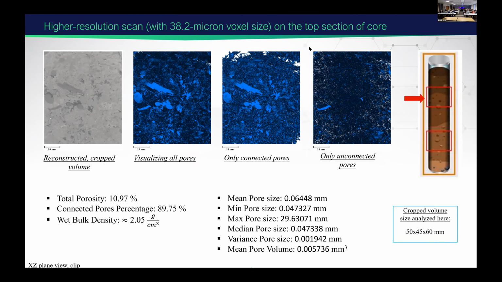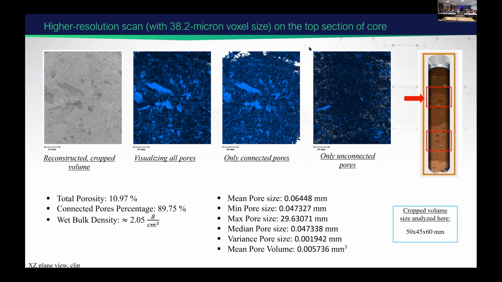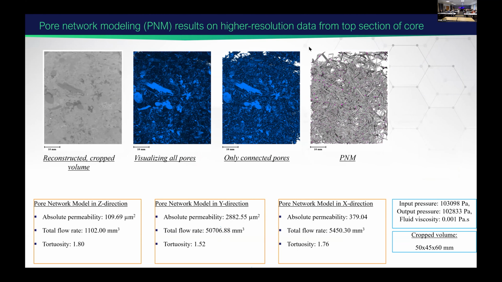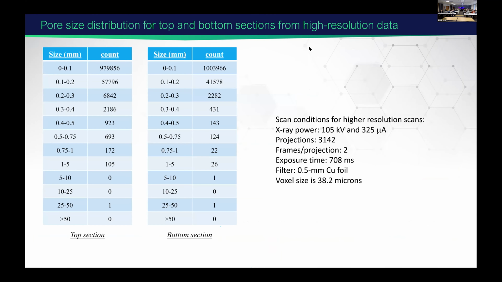We don't calculate throats and coordination numbers, but they can be calculated from the data. In addition to the pore sizes, we perform the pore network modeling, which gives us these transport parameters in different XYZ directions. And then we also generate pore size distribution.